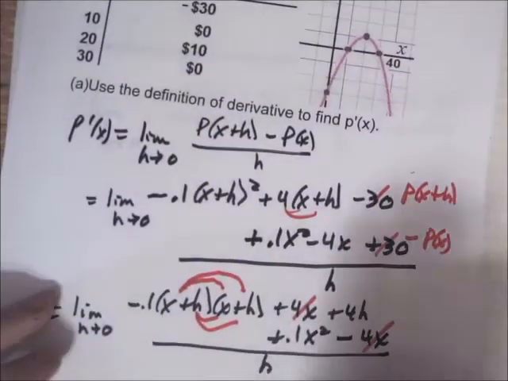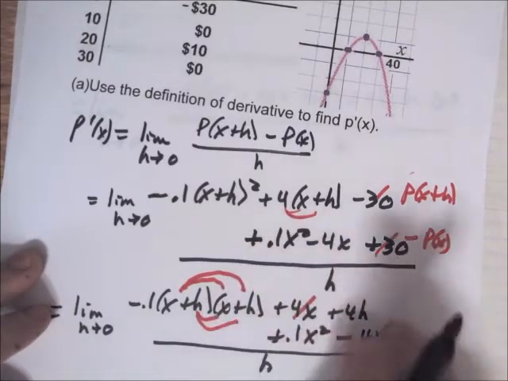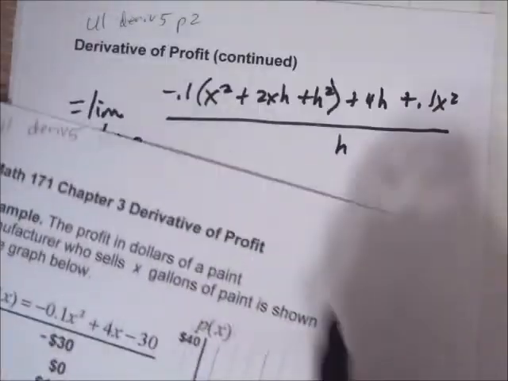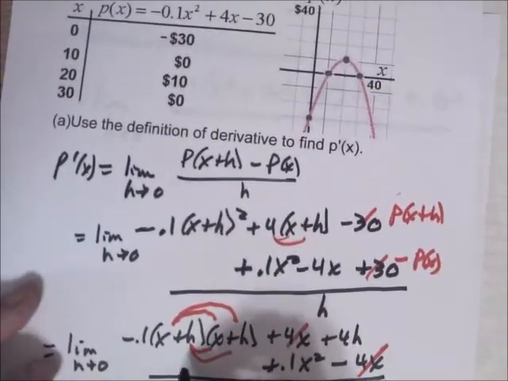When we expand this, x times x is x squared, the outer product is xh, the inner product is xh, that'll give us 2xh, and then last times last, h times h is h squared.